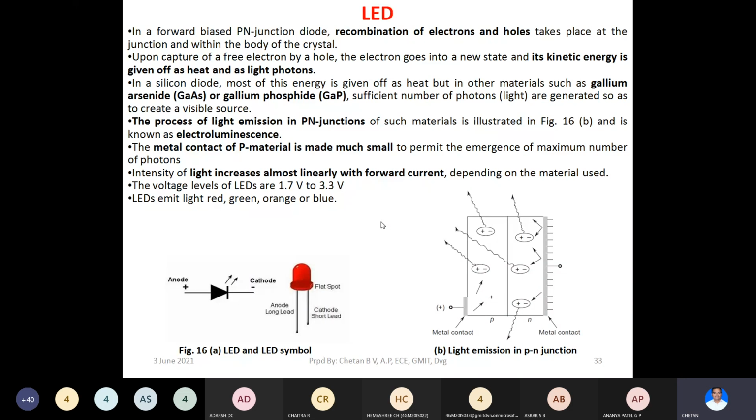And one more important thing in the case of this LED is the light emission process, or the electroluminescence process. Here, the metal plate of the N-type semiconductor would be very large, and the contact plate of the P-type semiconductor will be very small.